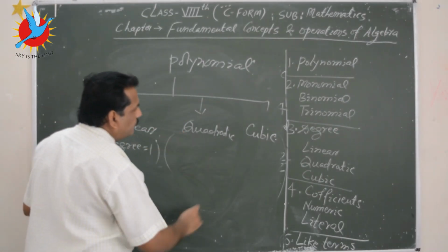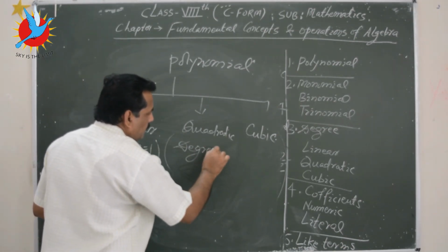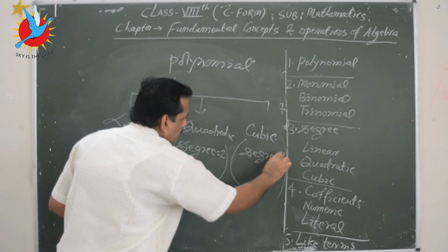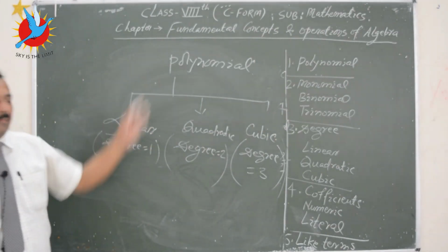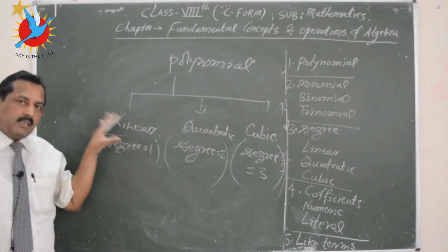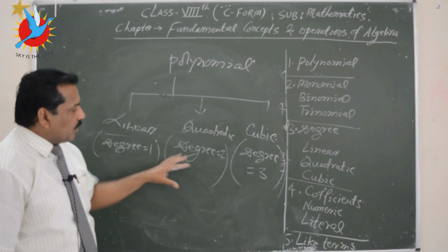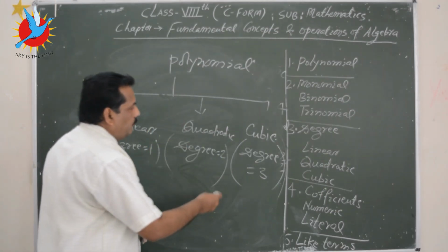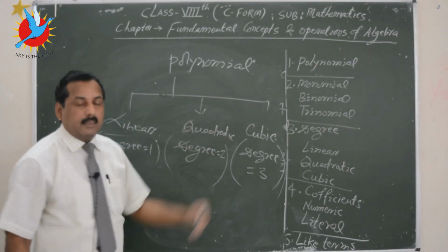Here degree equal to 2. Here degree equal to 3. So a polynomial having degree equal to 1 is known as linear. A polynomial having degree equal to 2 is known as quadratic, and this one is a cubic polynomial, a polynomial having degree equal to 3.